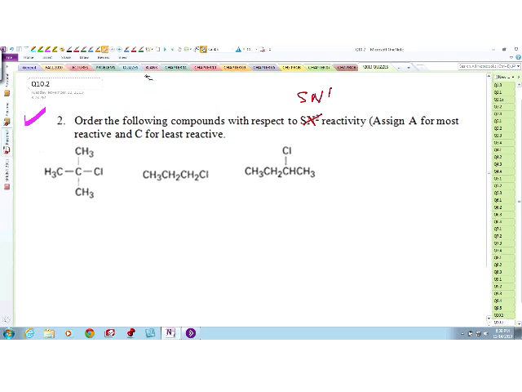A? Which one is A? The first one. Okay, good. So this should be A. That is correct. Why? Tertiary. Okay, tertiary carbocation is best for SN1 reaction. Okay, very good. And B?